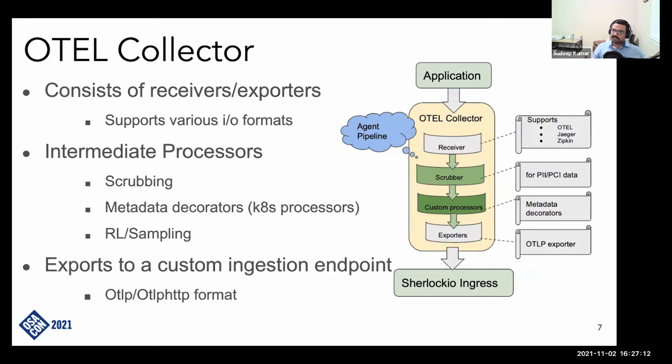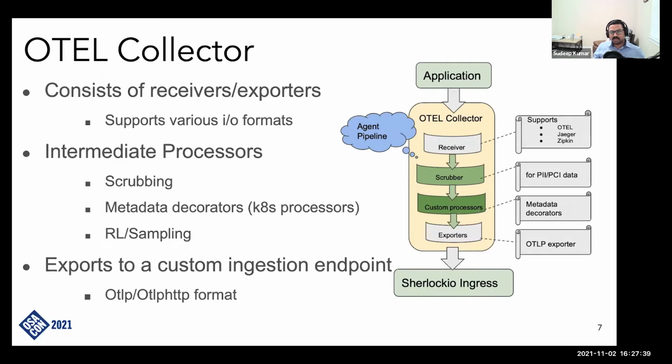So it is imperative that I talk about the OpenTelemetry Collector first, and we use it extensively within our deployment. Essentially, it is a vendor agnostic implementation. It's implemented in Golang, which allows you to accept different kinds of trace formats, Zipkin, Jaeger, or OpenTelemetry's own protocol like OTLP or OTLP HTTP. Apart from that, you can customize a pipeline wherein you can add your custom processors.